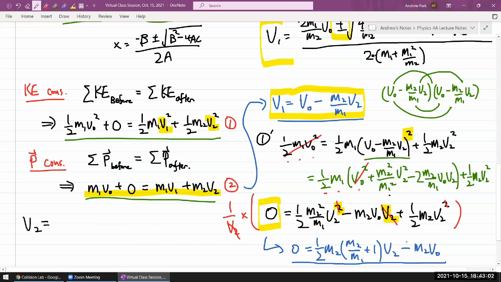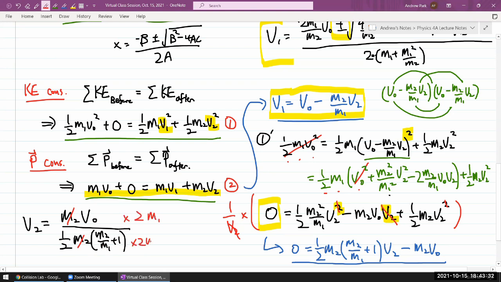v2 is equal to, moving this over, m2 v naught over 1/2 m2 over m1 plus 1. Yeah, and I can simplify this a little bit, make it look prettier, cancel this out, maybe multiply numerator and the denominator by 2 m1.